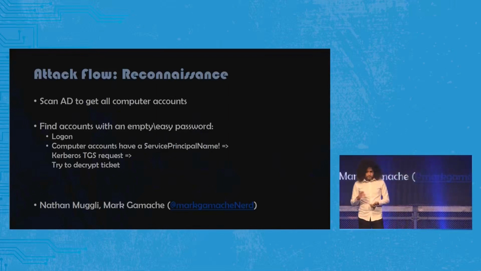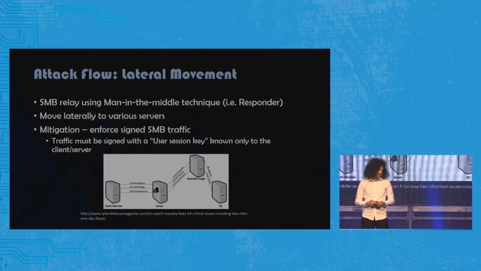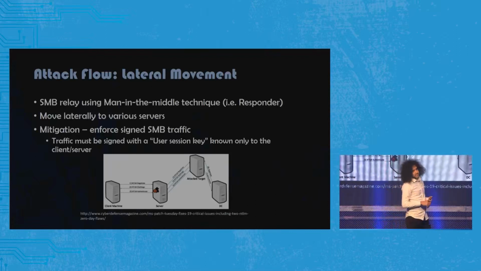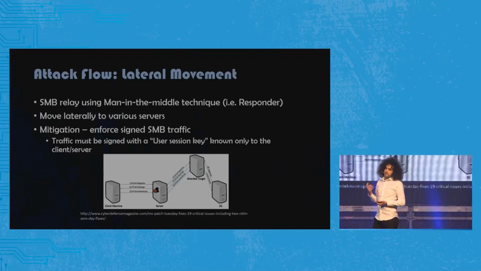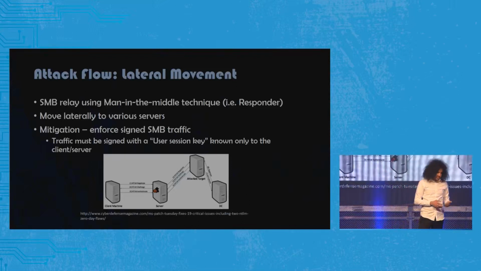Eventually, once the attackers have obtained at least one computer account, they can move forward to the next phase, which is the lateral movement phase. In the lateral movement phase, the attacker's goal is to move laterally between different servers until they get the highest privileges they can get in this domain, which means domain admin privileges.